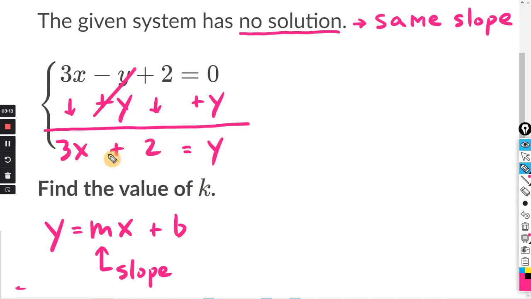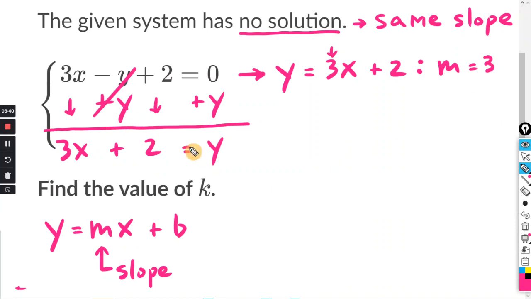Let me rewrite this over here so I can leave it permanently: y equals 3x plus 2. We said the slope is m, the number that's times x. So right here, we see that the slope m equals 3.